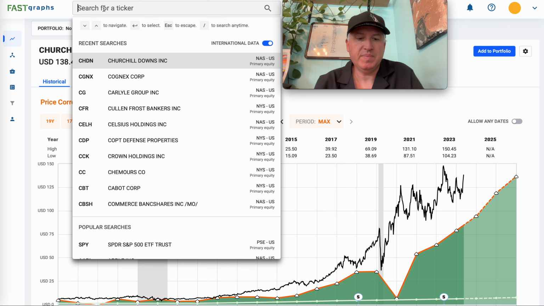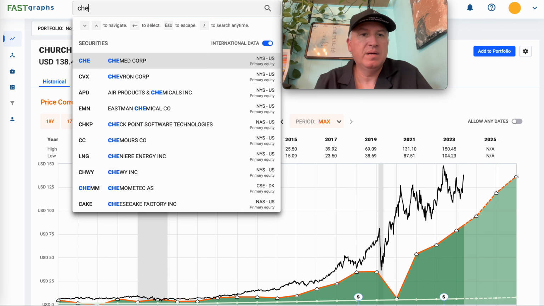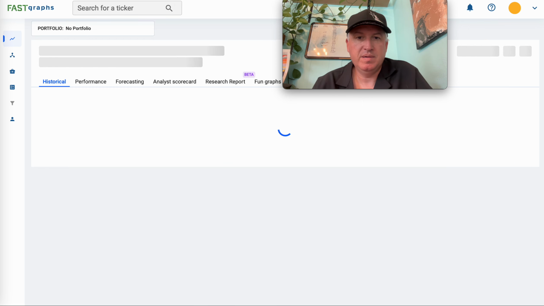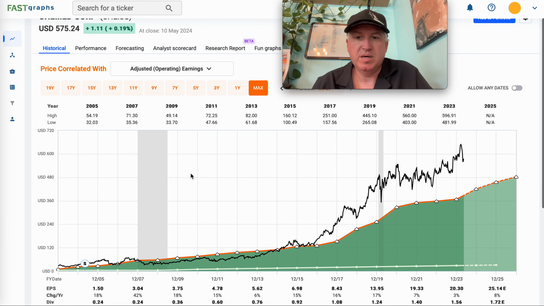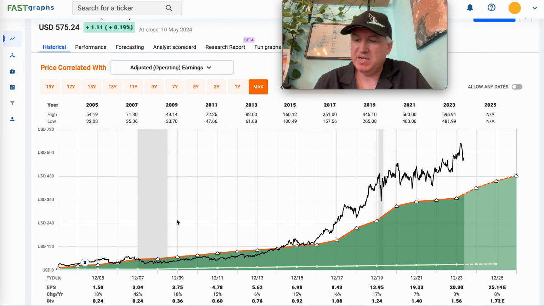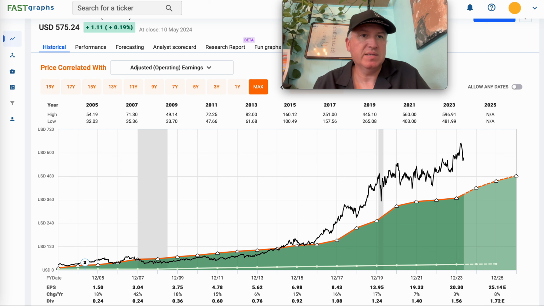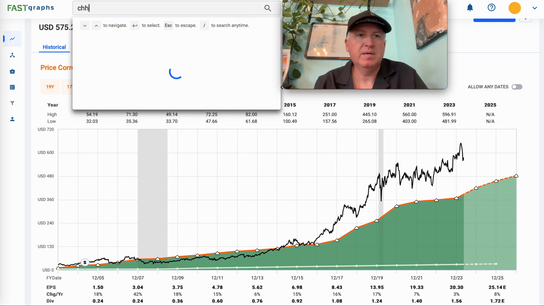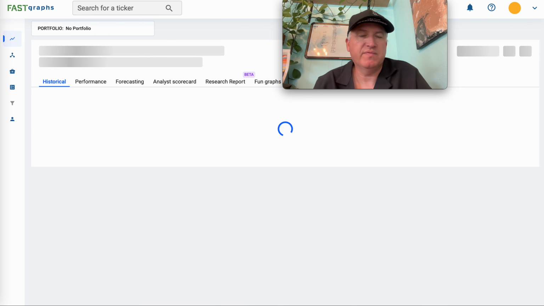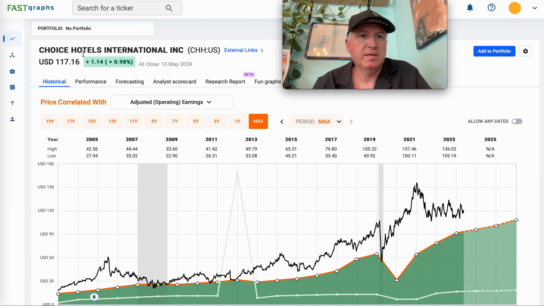CHE. So these guys look very solid. Definitely track that on full cycle earnings. Let's see, Choice Hotels. I forget which ones are the Choice brands, if those are like the Days Inn and Quality Inn.